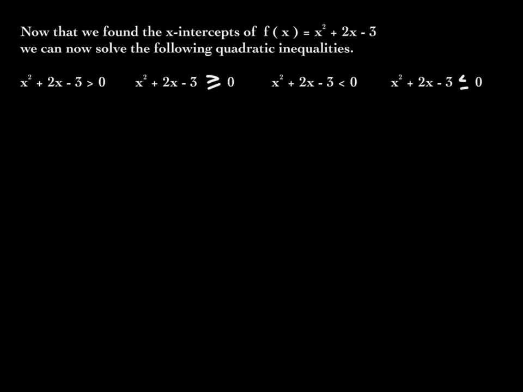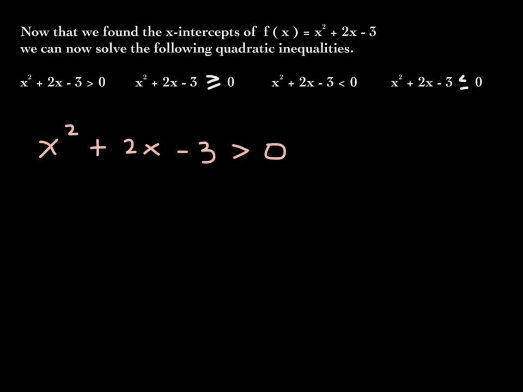All right, now that we've found the x-intercepts for this quadratic function, we can now solve a number of quadratic inequalities for this function. Let's look at this one, which says x squared plus 2x minus 3 is strictly greater than 0. And once we walk through this one, we'll consider the other three, okay?